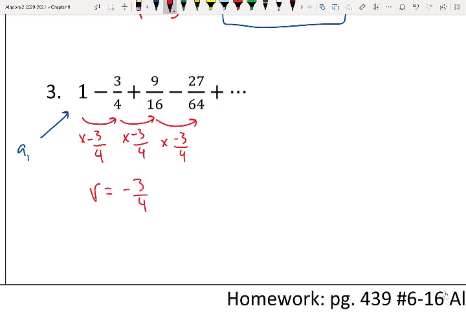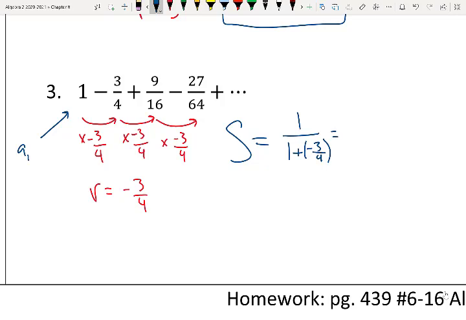And we already figured out that a sub 1 was just 1. In this one, even though r is negative, it doesn't matter to us as long as it's less than 1 or bigger than negative 1, which in this case it is. This would be 3/4, which is 0.75. That is definitely an r value that works in my series. So going to my formula, my series sum is just a sub 1 over 1 minus r.